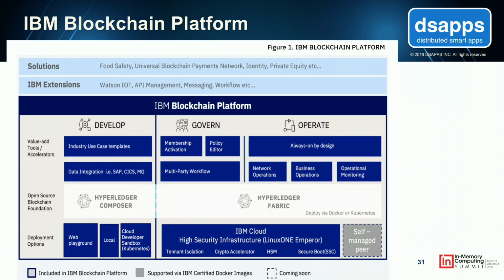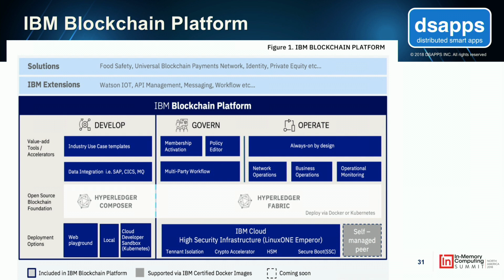IBM is being standardized on Hyperledger. It's running on Watson, the IBM Cloud. So it's a very large initiative for them. Along with pretty much Oracle and SAP and all the others. All of them are very big on Hyperledger. It's got a develop platform, and then there's an operation platform.